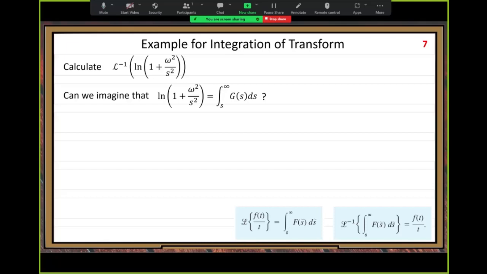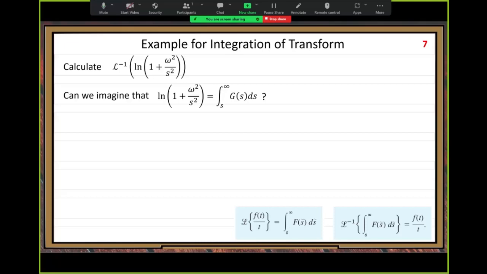Inverse of some function, okay? That function is a little complicated, but we want to apply the formula here. This version is the inverse of some S function. But that function, we want to fit in this integral structure.